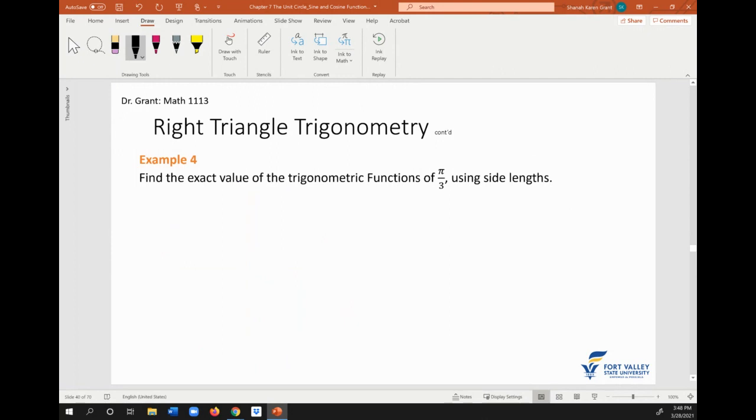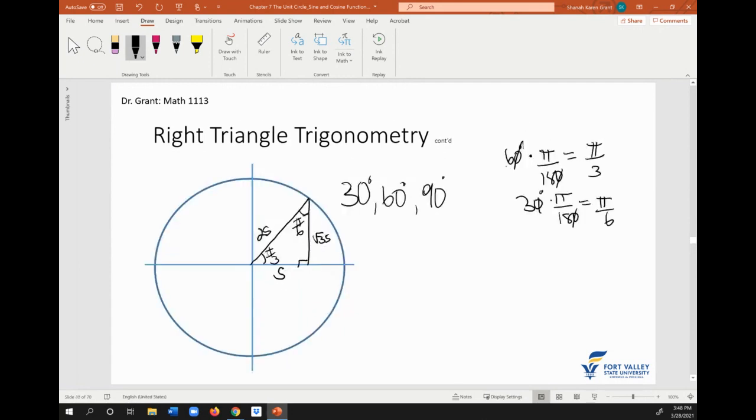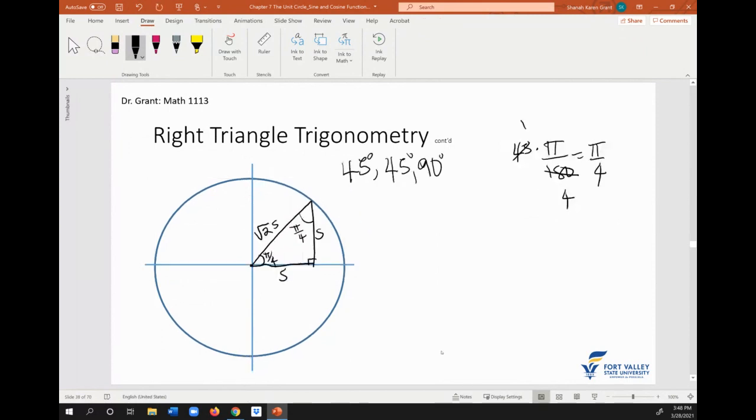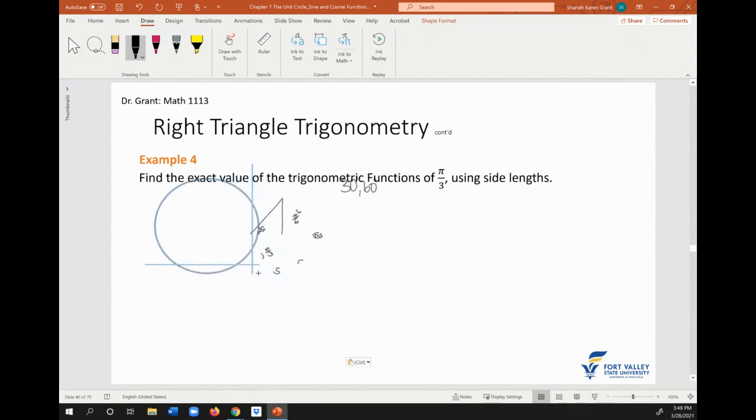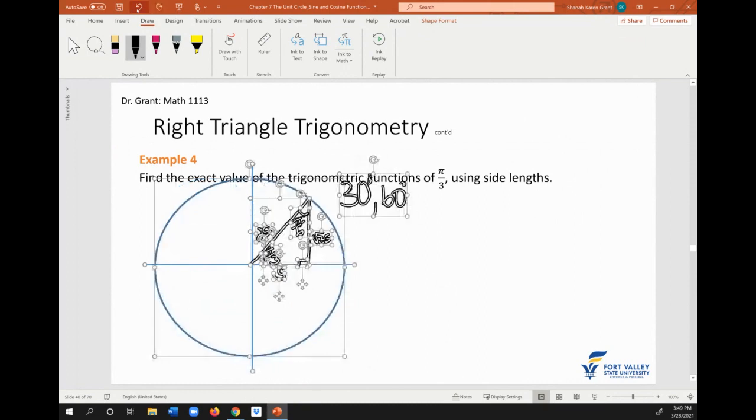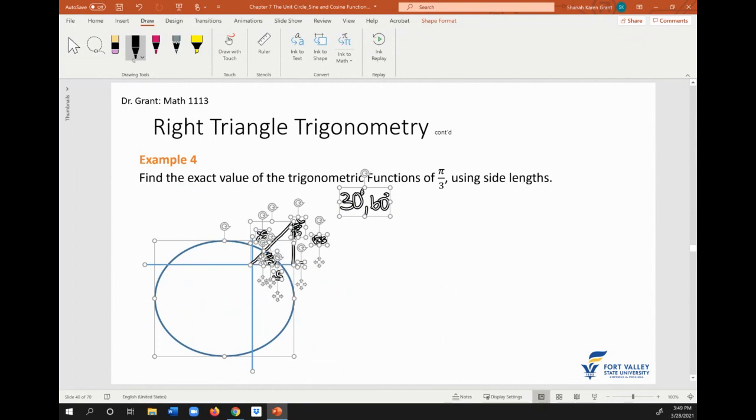Let's look at a quick example. It says, find the exact value of the trigonometric functions of pi over 3 using side lengths. So basically, we want to use pi over 3. What I'm going to do is pull this to our example. Oh, it didn't work so well. Okay, never mind.